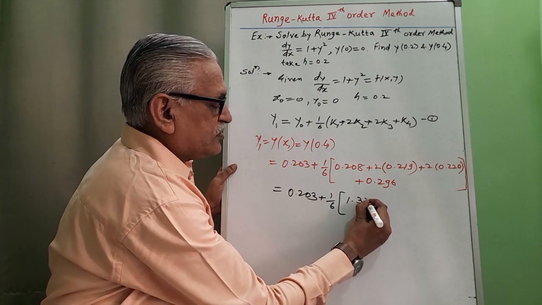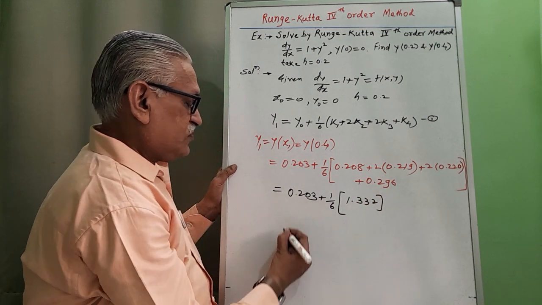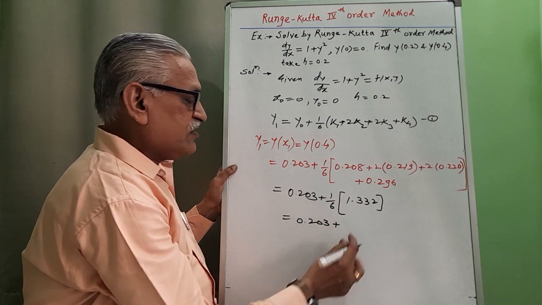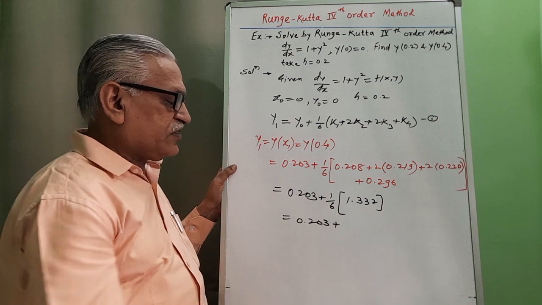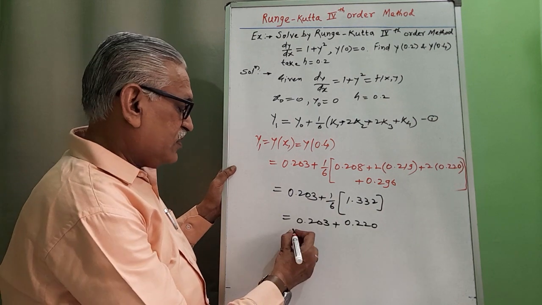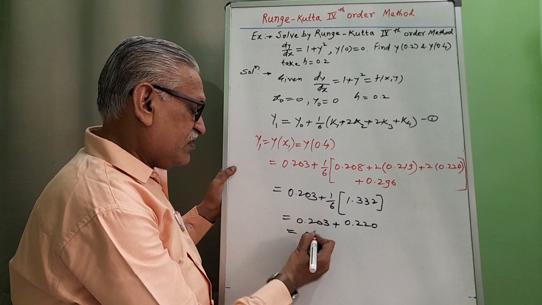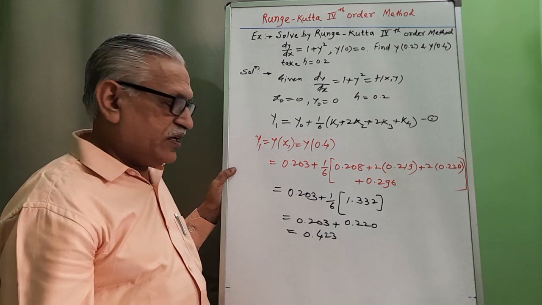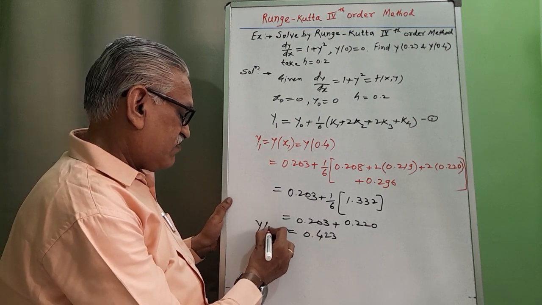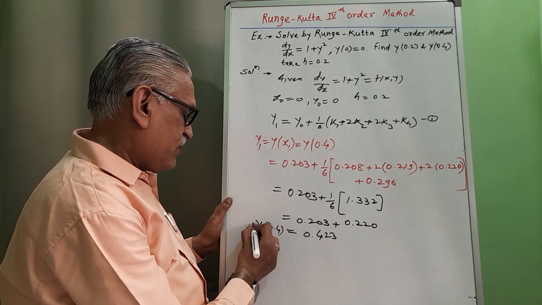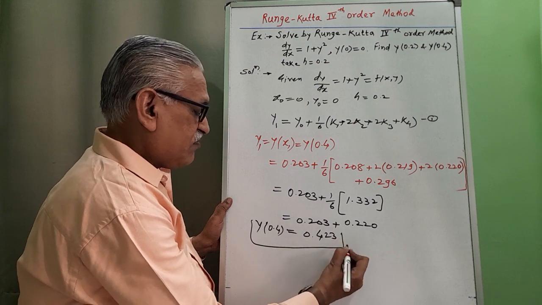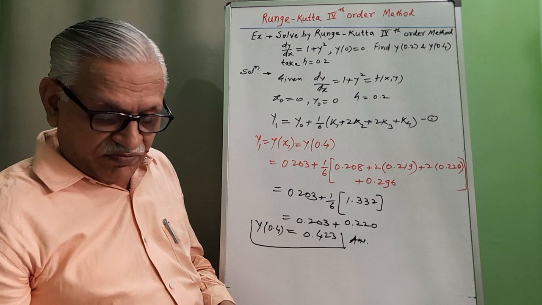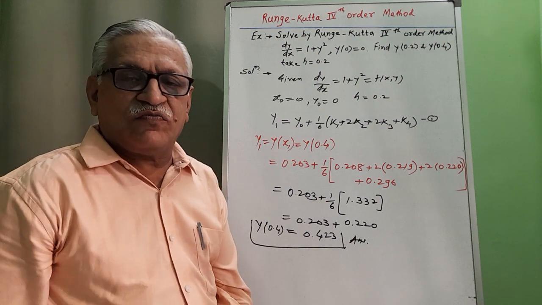is equal to 1.332 divided by 6 plus 0.203, and sum of this is 0.423, y at 0.4, as the required value.